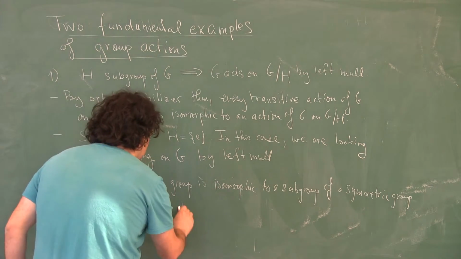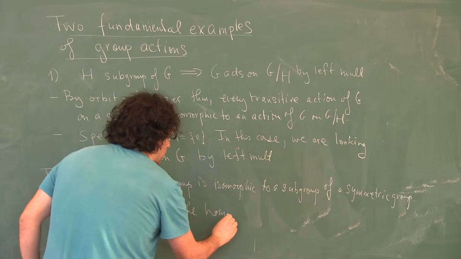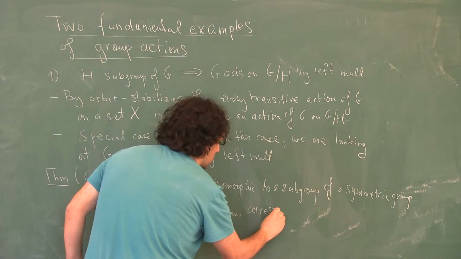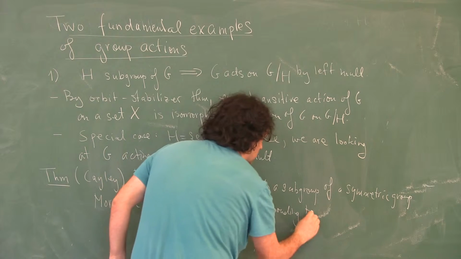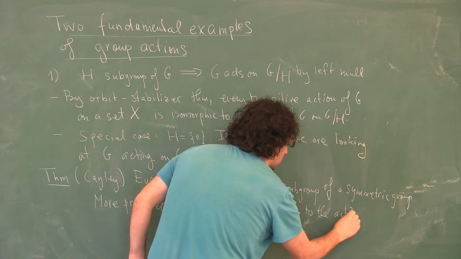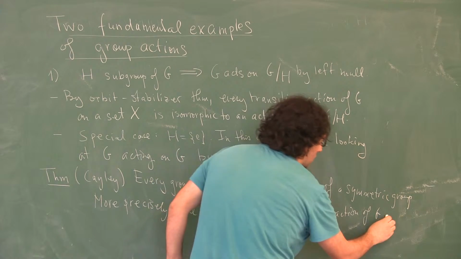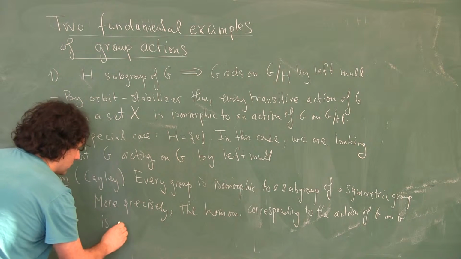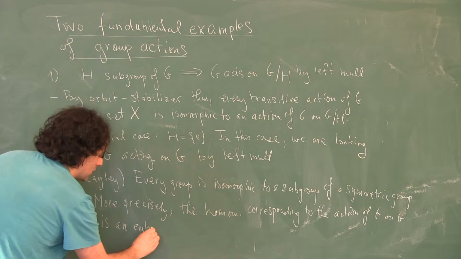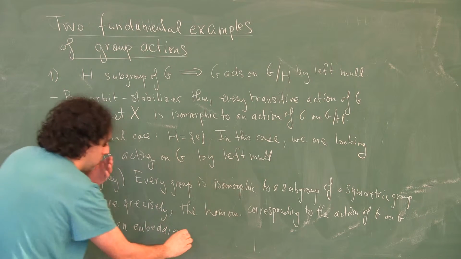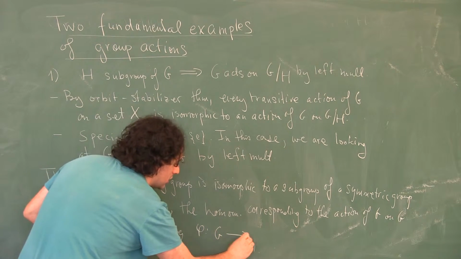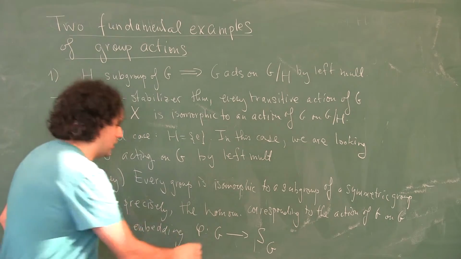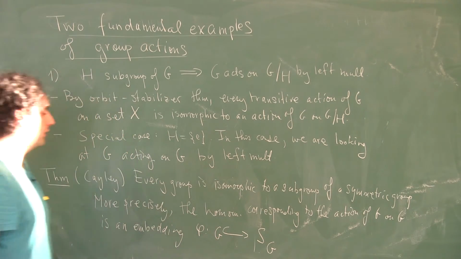So, more precisely, the homomorphism corresponding to the action of G on G that we described here by left multiplication is an embedding phi from G into the symmetric group on the set G. Since it's an embedding, I can write the arrow with a hook like this.